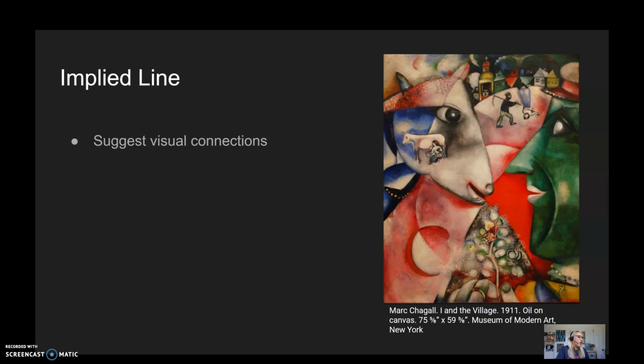We also want to talk a little bit about implied line, and those are things that are going to suggest visual connections. So we can see this circle here is sort of connecting these two faces, and then this line from the nose here meets with this line from the nose here.